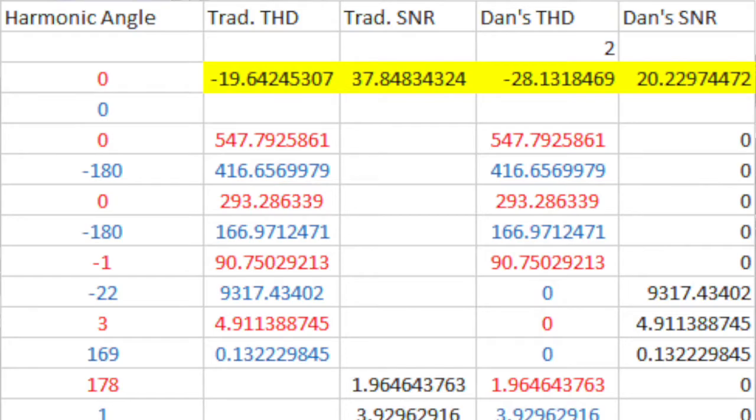When you do an FFT in real life, like I have done many, many, many millions of times, you'll find things pop up that are not in a good place for you, and they may not be harmonics. They may be something else.